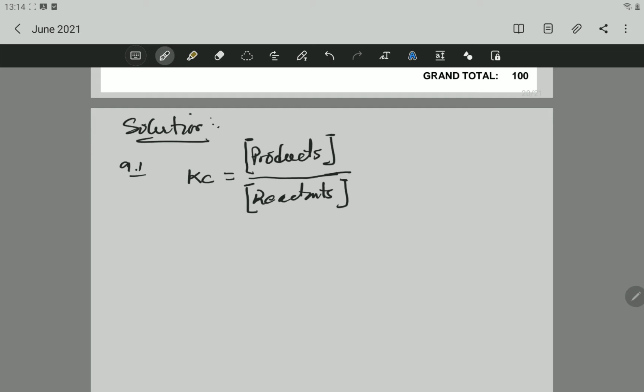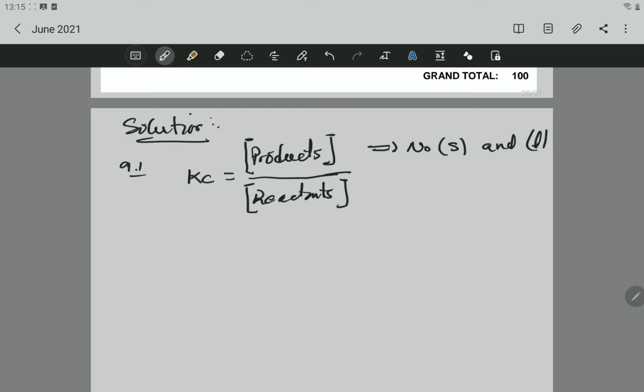Something important: solids and liquids you do not include. So I'm going to write here, no solids and liquids. This is only for aqueous solutions as well as for gases.